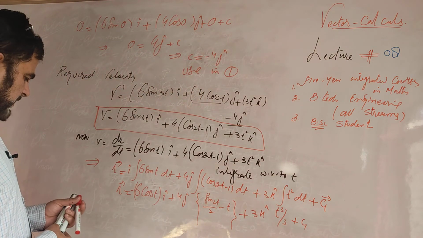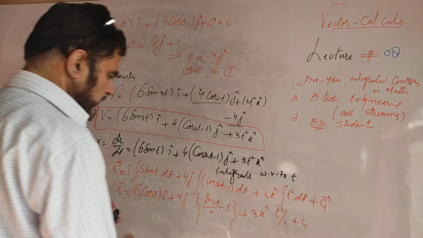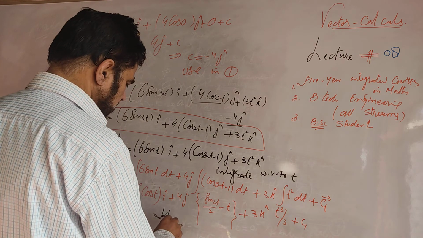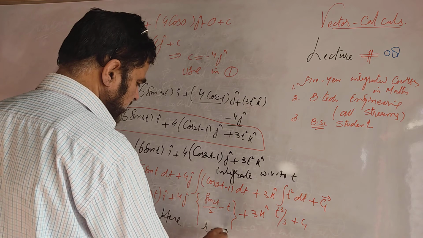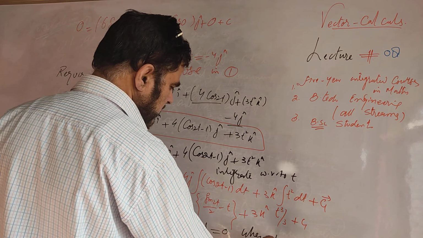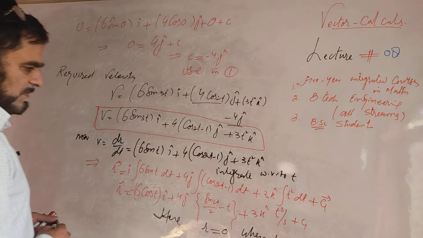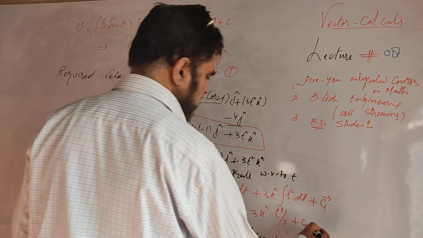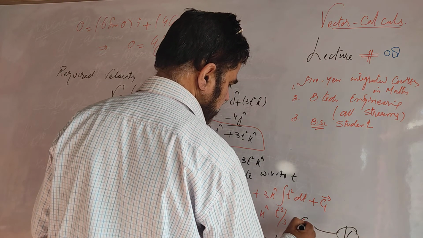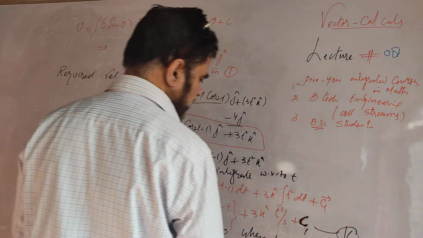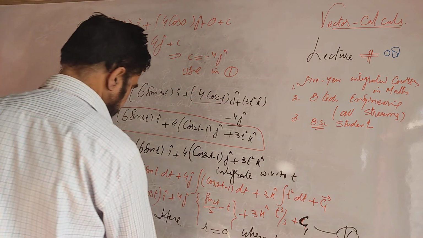Now we have to find out c1. In this condition we are given that r vanishes when t is 0. Here he also says r vanishes when t is 0. C1 is our constant of integration.